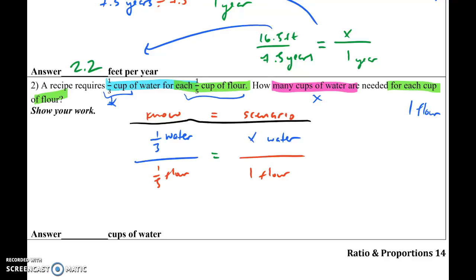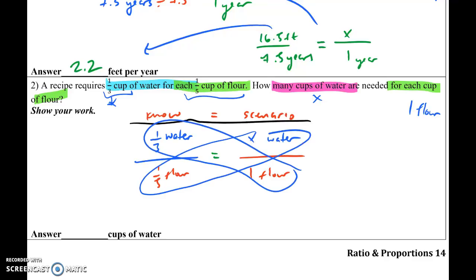If we continue our proportion, you would cross multiply. So you have 1/5 times X equals 1/3 times 1.